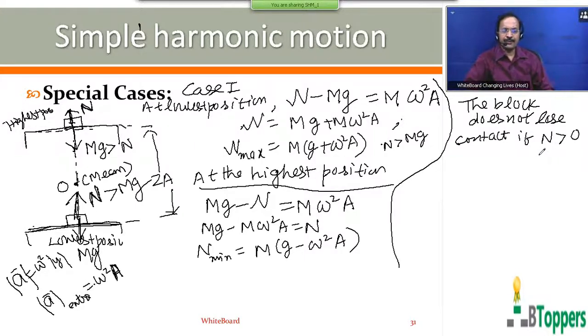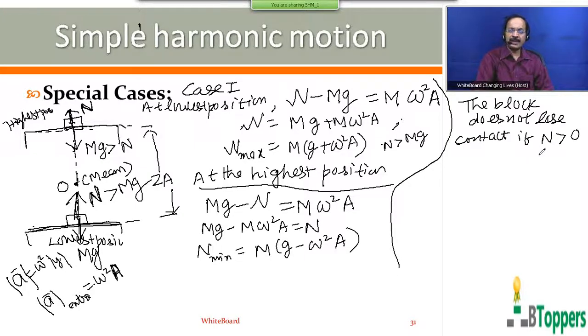Magnitude of the normal reaction is minimum at the highest position.